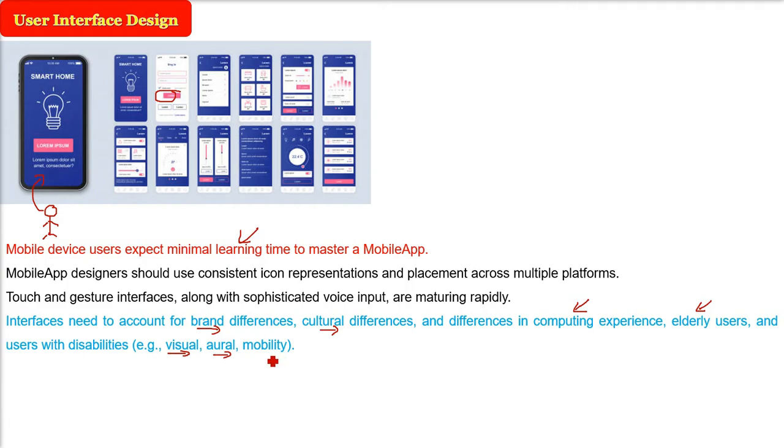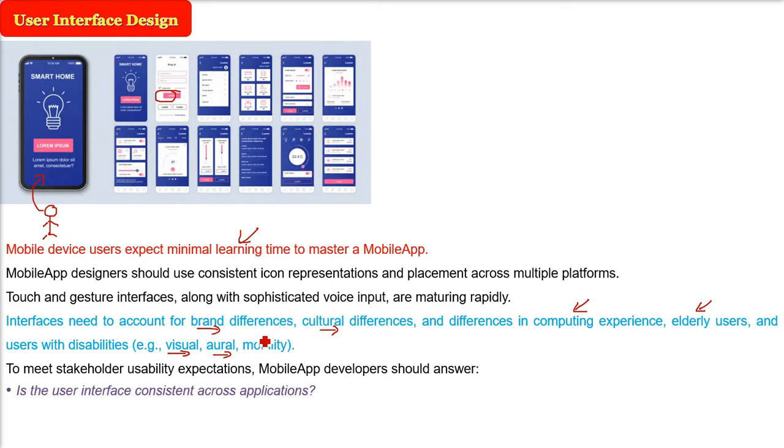Everyone is using it, even a normal person, even a person with special ability. He may be using something very different which a normal user doesn't want. So in order to satisfy all these stakeholders' requirements and expectations, as a mobile app developer, you need to answer certain questions. If you are able to answer them, I hope the user interface design will be good.